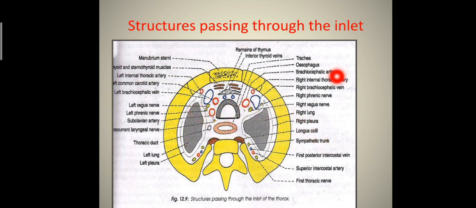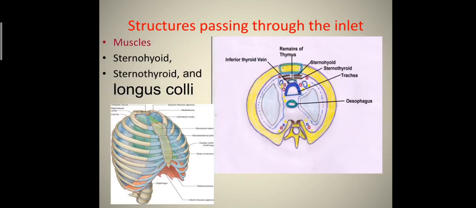Next, the nerves which pass through the inlet are the right and left phrenic nerves, right and left vagus nerves, and on the left side another nerve known as the recurrent laryngeal nerve, and posteriorly the sympathetic trunk and first thoracic nerve. So here we can see the muscles are the sternothyroid, sternohyoid and longus colli.